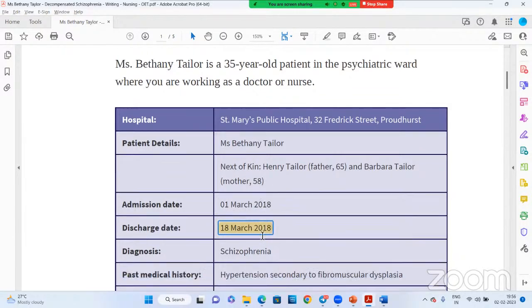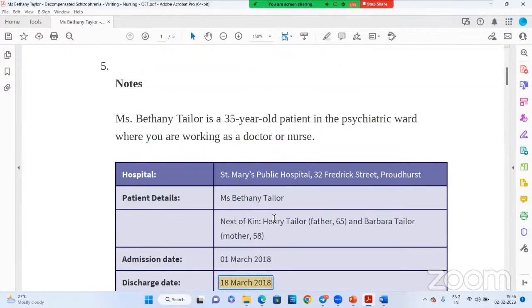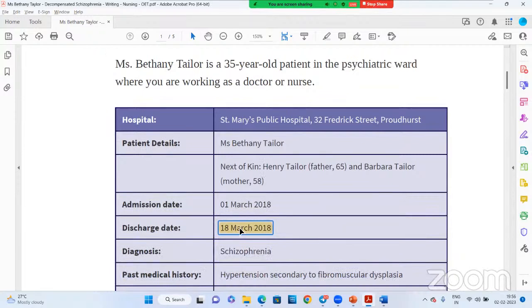That's very clear. The discharge date is 18 March.